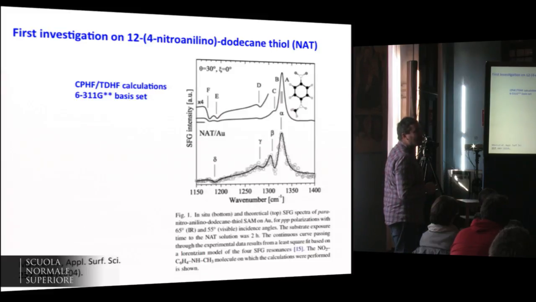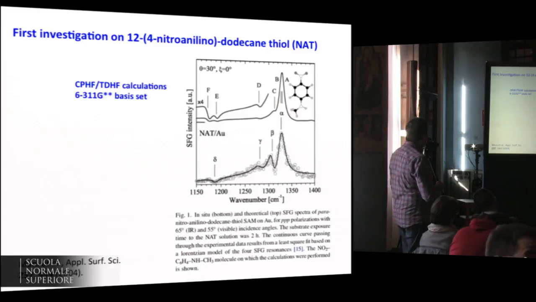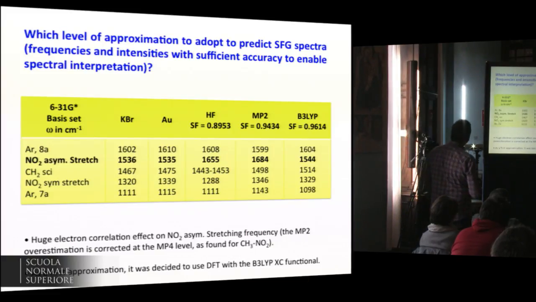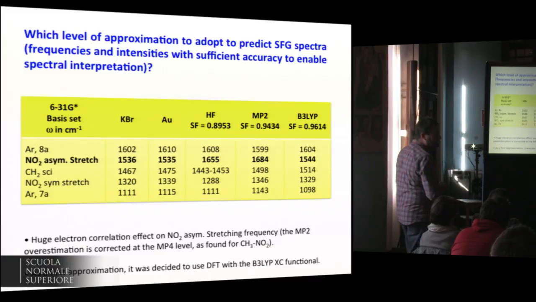And the reason was quite simple. We were facing several difficulties in determining these dμ/dQ, the dα/dQ, and vibrational frequencies. In particular, because we started with what I would call the wrong system. In paranitroaniline, we have a nitro group, and we have these symmetric and asymmetric NO2 stretching vibrations.